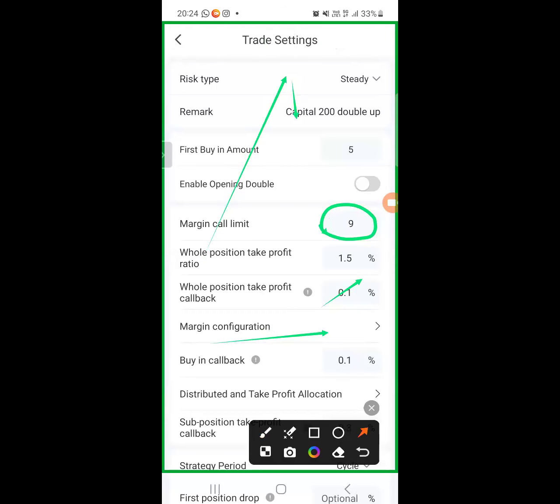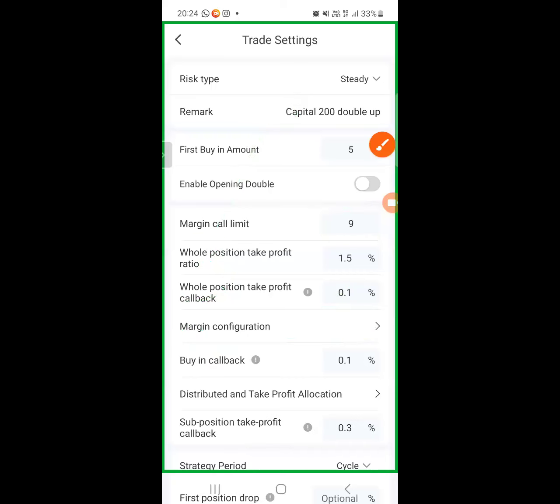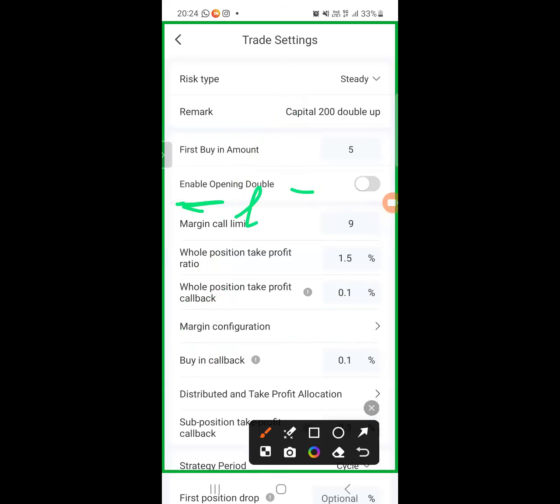If you want to buy the next call, maybe you bought maybe the third call, okay? Third margin call. And the next buy is the fourth call. So whatever percentage or whatever call drop I put, which is here in the margin configuration, dear robot, even though I put call drop negative 1.5%, if the coin is dropping, which is this part I'm explaining now, if it drops to that negative 1.5%, don't buy, don't rebuy, leave it.